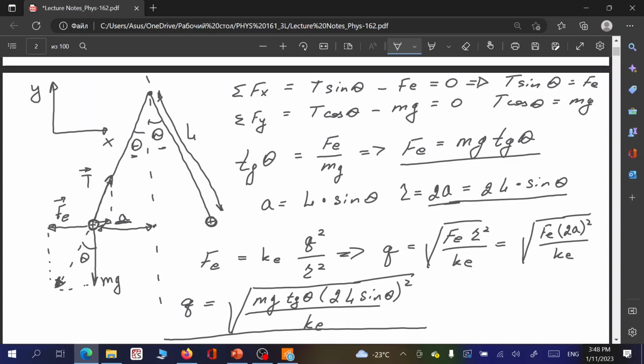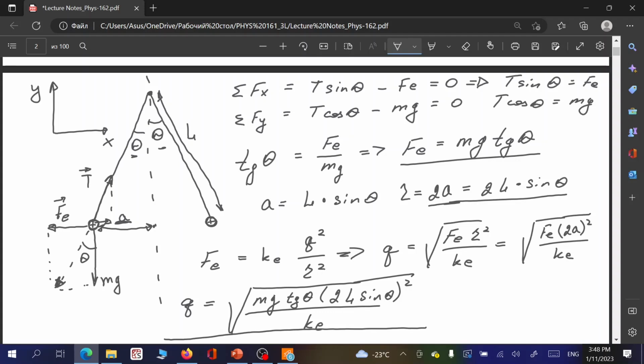Then we have angle theta, which is also easily measurable, and electrical constant, which is known universal constant. So in this case, we can use such a simple system in order to determine the magnitude of electrical charge which is residing on these two objects.